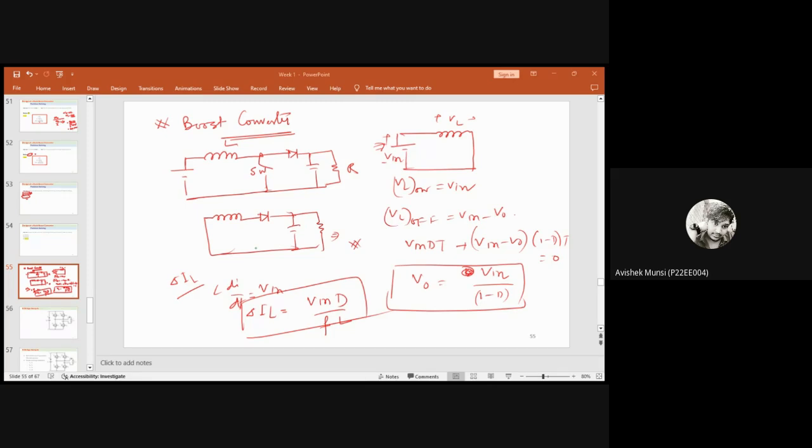V0 equals Vin by 1 minus d. Who was asking about the boost converter? Krishna Priya, right? You tell me, what will be the value of the output voltage when duty will be 1? Undefined.